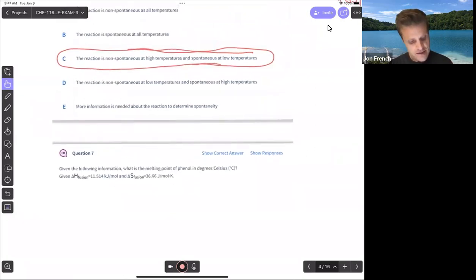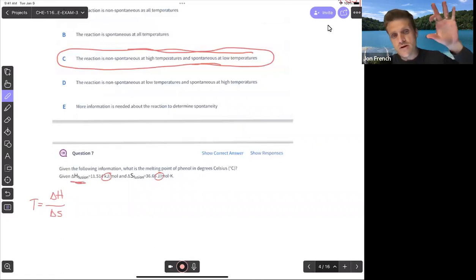Anytime we want to find the equilibrium, for a reaction or for a process, a phase change, that's temperature equals delta H divided by delta S. We want to make sure they're both in the same units. So either we convert both to joules or both to kilojoules. I'm just going to convert entropy to kilojoules, so we've got the same units.